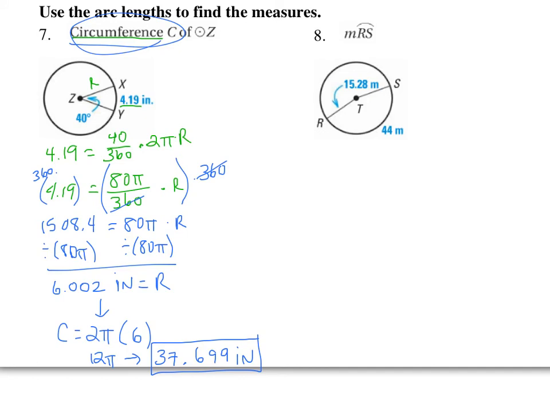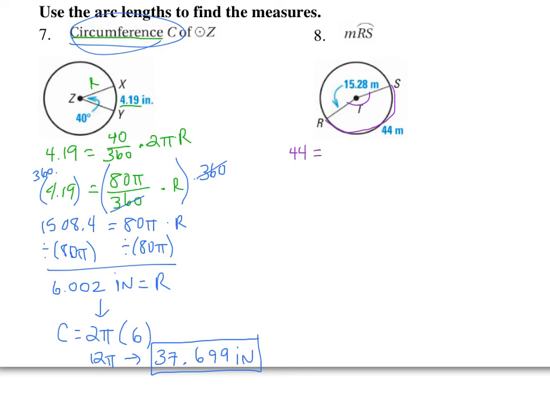For number 8, we need to find the measure of arc RS. So realize that our answer is going to be in degrees. And remember, the degrees of this arc is going to be the same as our central angle. So we're going to start with the arc length, so that's our 44.